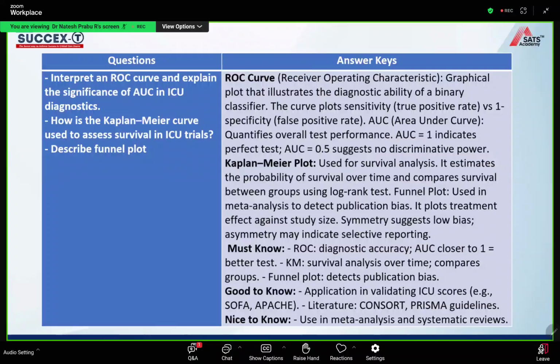And here, if you see, each question is followed by one summary slide where I specifically mentioned a few things: something called must know, some good to know, and some nice to know. Must know points, you are supposed to know. If you don't write the must know points, you may not get correct marks.